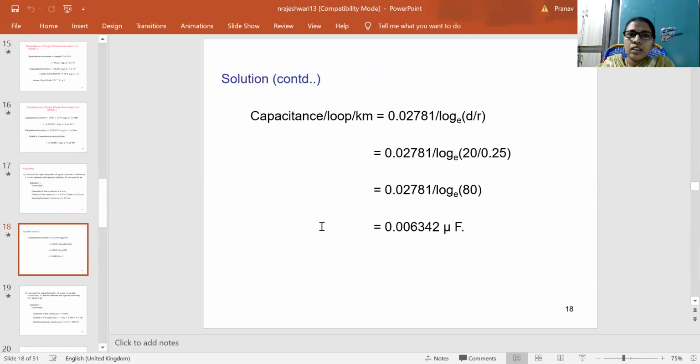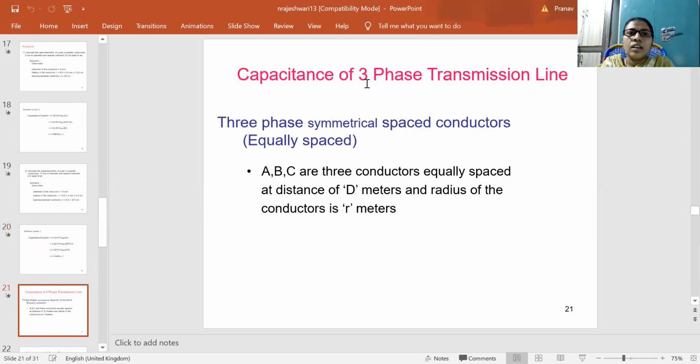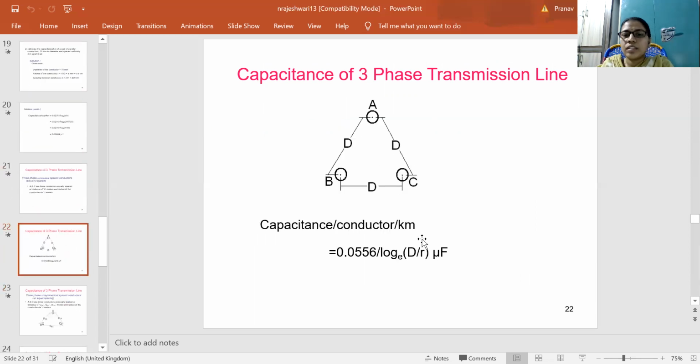And coming to the three phase, capacitance of three phase transmission lines for equally spaced or symmetrically spaced conductors is given by capacitance per conductor per kilometer equal to 0.0556 divided by log of D by R microfarads.